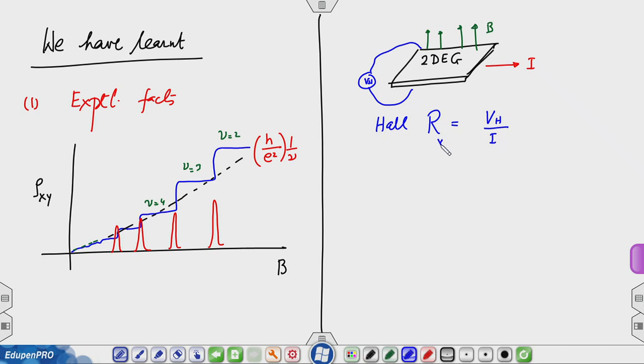Let me call this x y, taking the direction of the current to be x and the direction perpendicular to it in the sample as y, and this is also the same as Hall resistivity in 2 dimensions. So, this is also the same as E y over j x, and this is quantized.